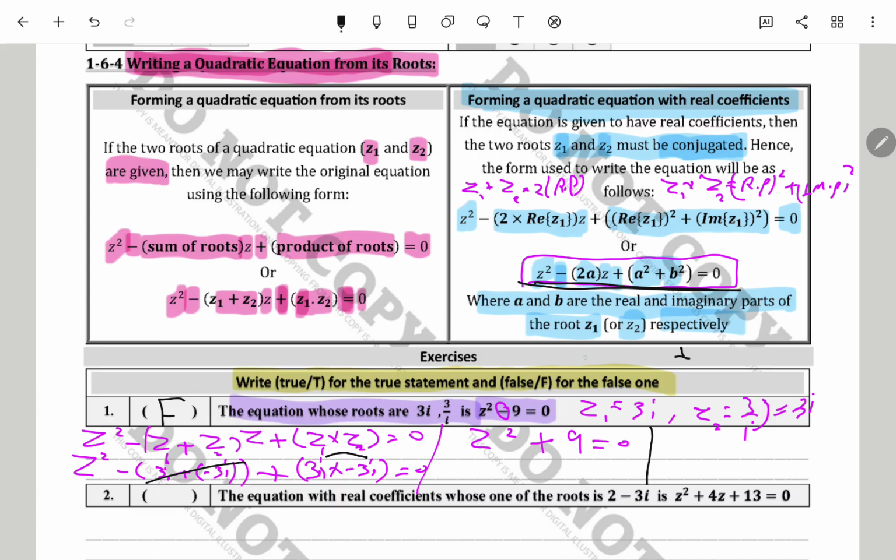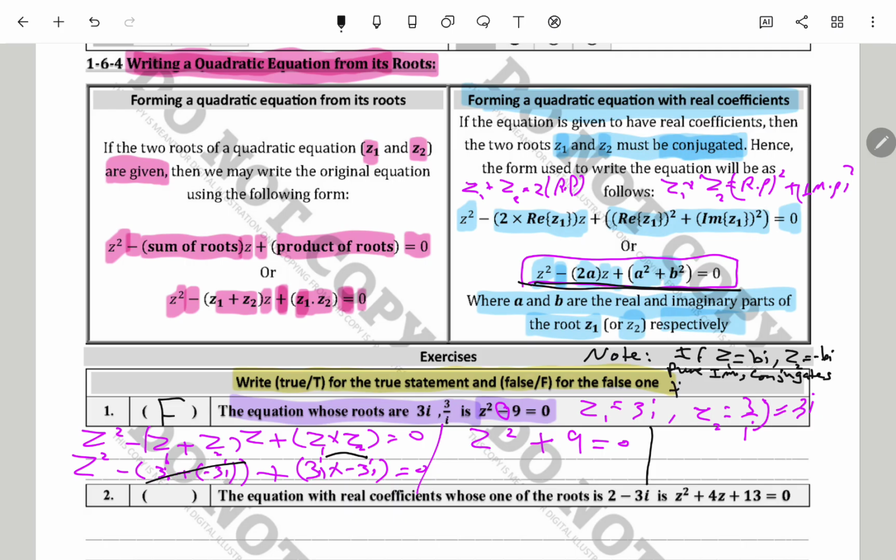Here, let's make it as a note: if you have the first complex number, which is the root, equal to bi, and the second root is going to be negative bi, they are pure imaginary with different signs, and they are also conjugates. Or we can say that their sum will be 0 and their multiplication will be positive b squared.